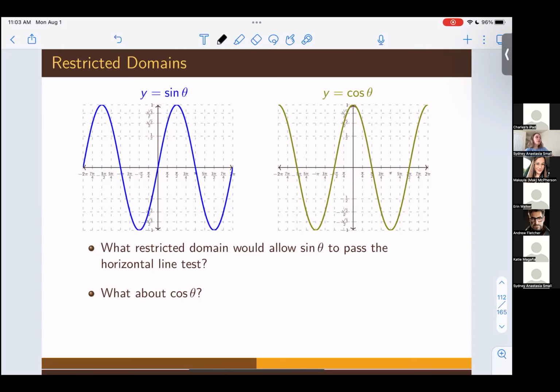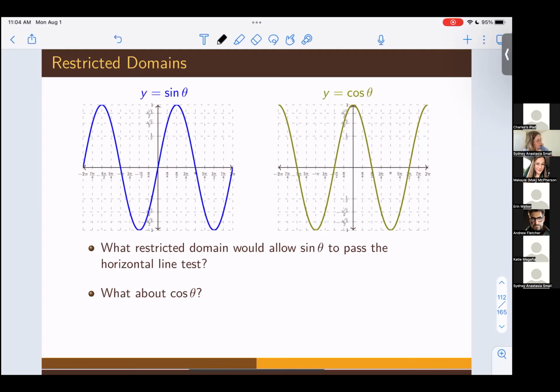Similarly, we have something called the horizontal line test, because inputs and outputs are swapped for inverse functions. So instead of the vertical line test, we use the horizontal line test, i.e., if the inverse is defined, we cannot have the function crossing the horizontal line at more than one point at any time.